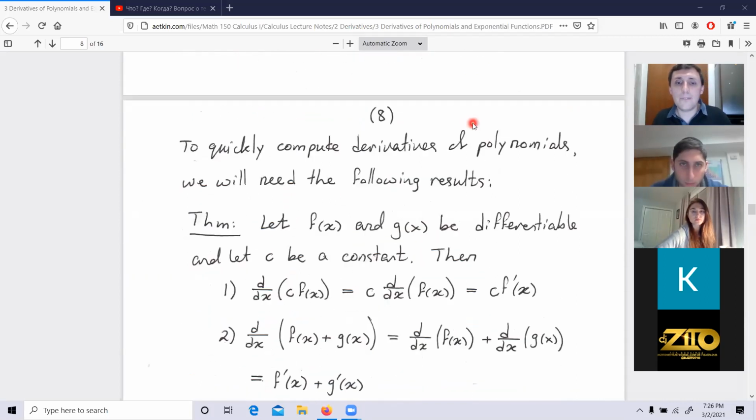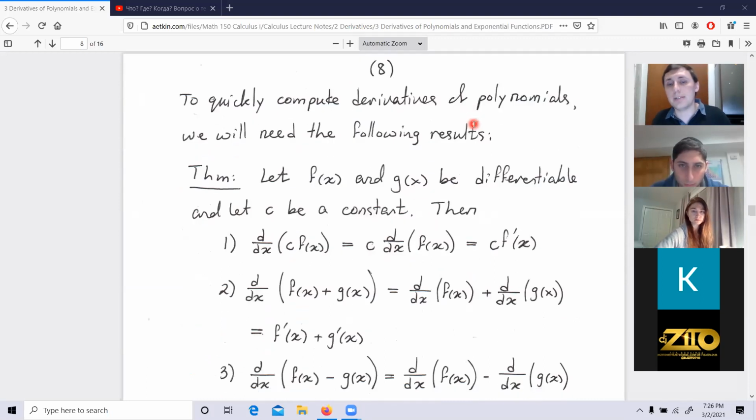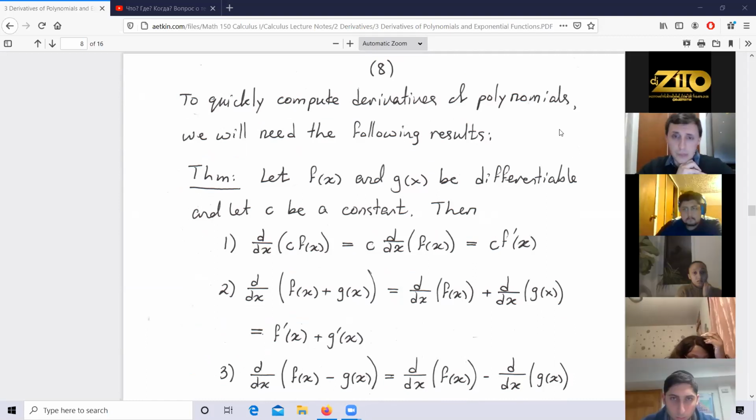Now, once we have this shortcut, we are going to try to calculate some derivatives, okay? So for example, what happens if I add two functions? I know how to take the derivative of one function and the derivative of the second function. Let's see what you might say, guys.